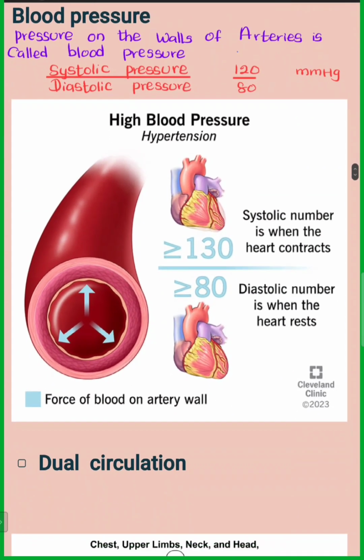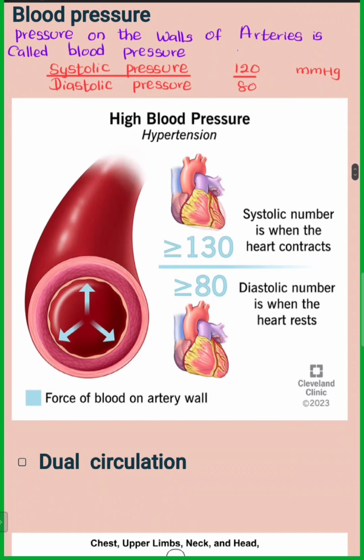Then let's move on to blood pressure. Blood pressure is the pressure on the walls of the arteries when the heart contracts. There are two ways of expressing blood pressure: systolic pressure and diastolic pressure.